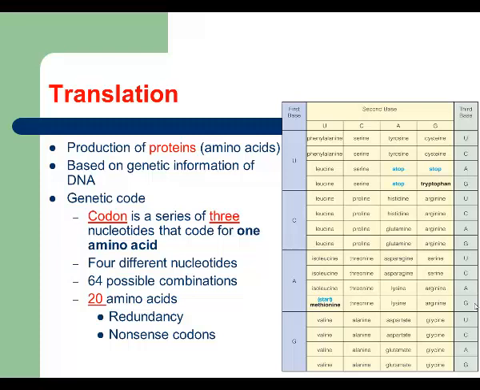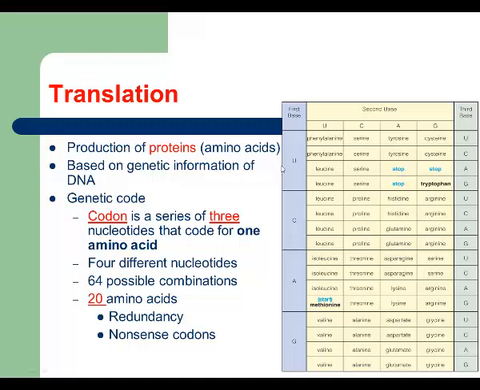And one more term I would like you to remember is nonsense codons. Let's look at this chart. There are 3 codons in this chart which are called stop or nonsense codons. For example, this one is going to be UAA.